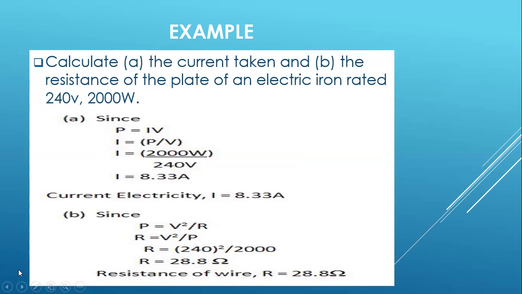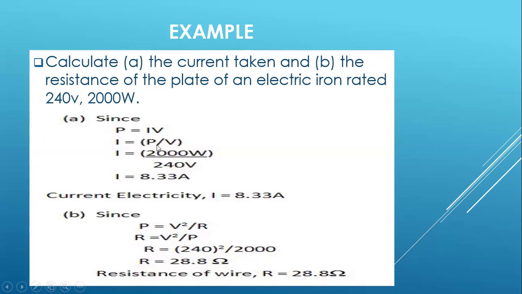Since power is equal to IV, that is current times voltage, and here we're looking for the current, you make current I the subject. So you divide by V both sides. It will remain I is equal to P upon V.